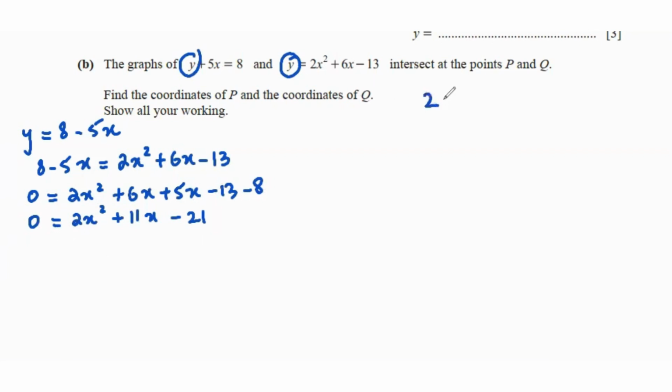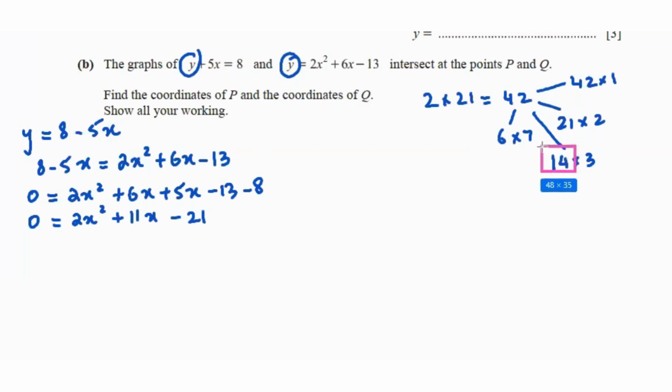We know that 2 times 21 is 42. Factors of 42 are 6 times 7, 21 times 2, 42 times 1, and 14 times 3. So we have to pick the factors which, when added or subtracted, give us the middle term, which is 11x. As you can see, 14 minus 3 gives us 11.